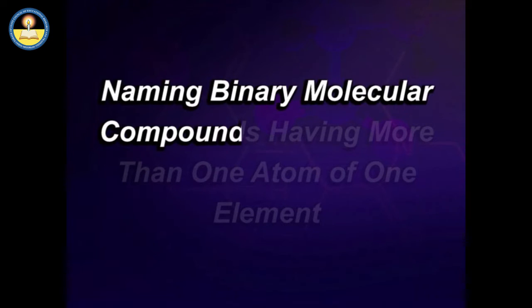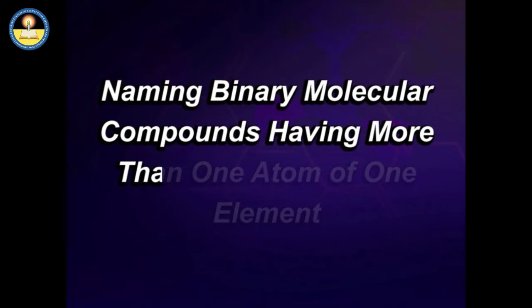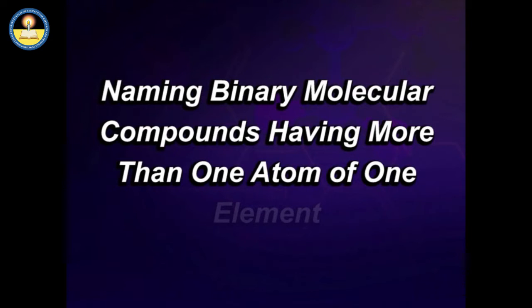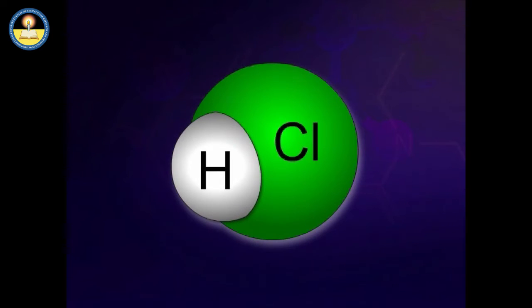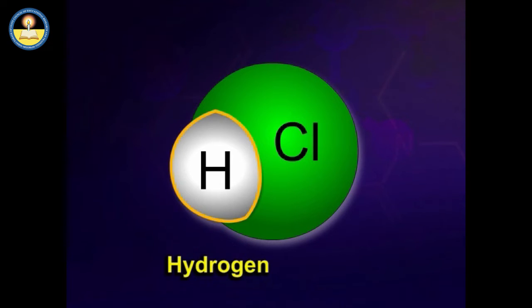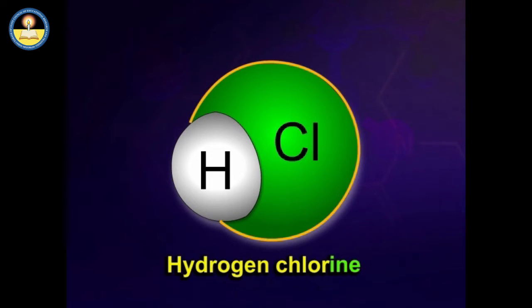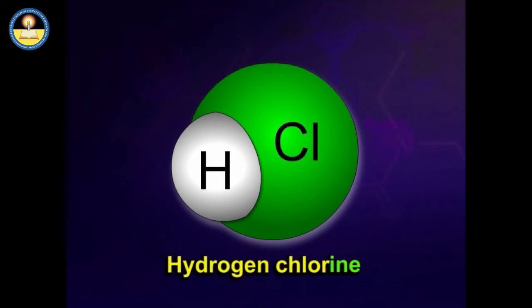Naming binary molecular compounds having more than one atom of one element. The name of the element whose symbol in the formulae of the compound appears on the left-hand side is written as such. The name of the other element is modified to end with "ide", that is IDE, and is written on the right-hand side.